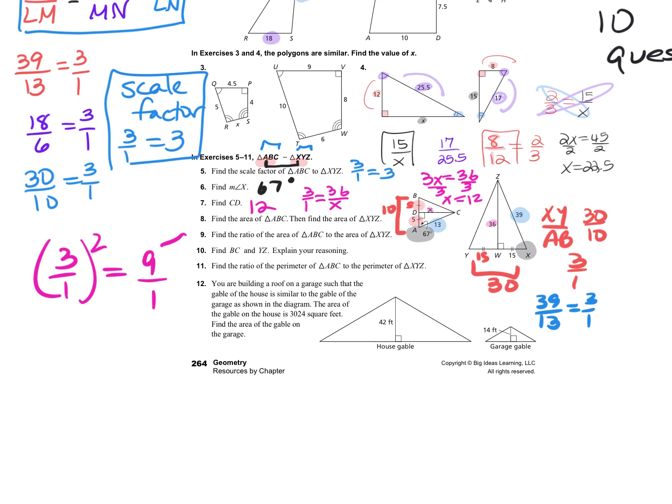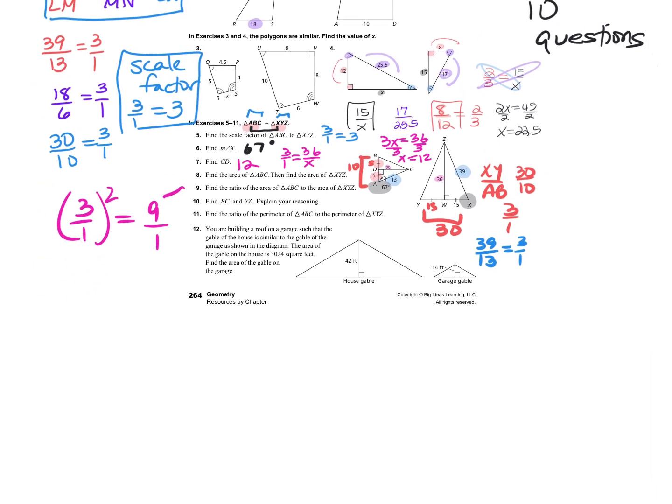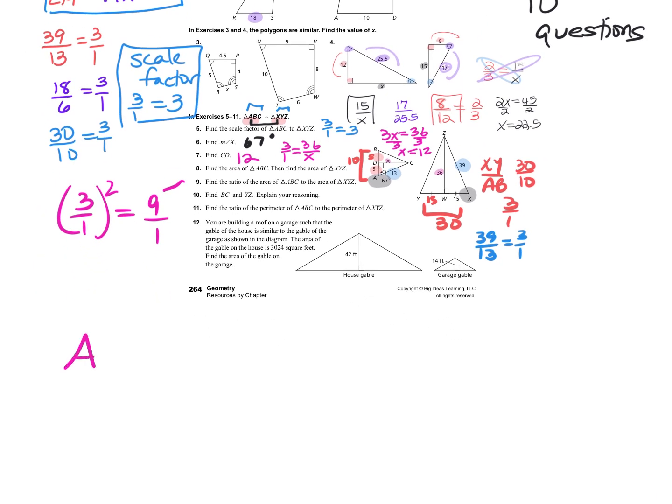I'm going to find the area of ABC and the area of XYZ, and then I'm going to simplify the fraction. So remember the formula for area of a triangle. You can either memorize it as 1/2 base times height, or base times height divided by 2.